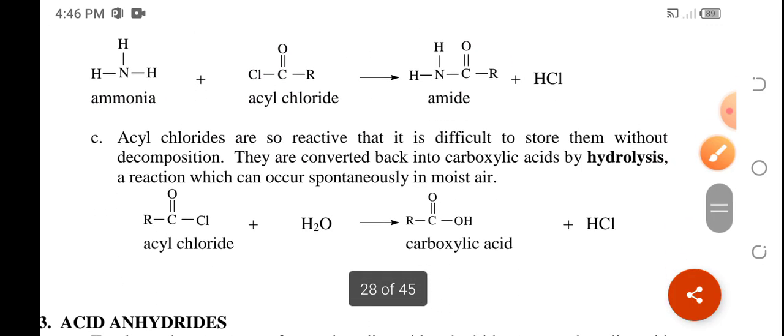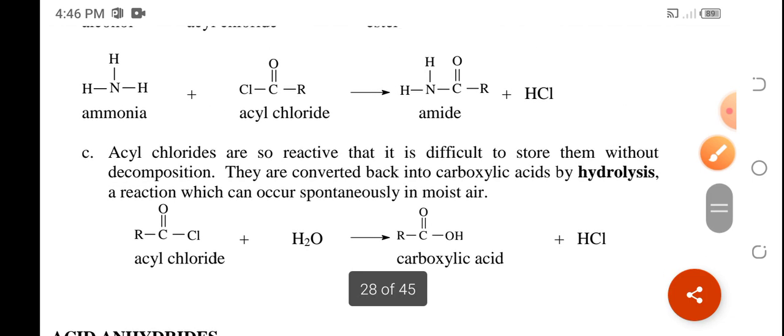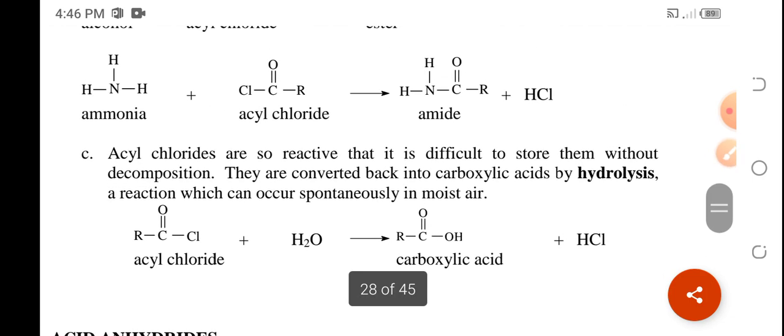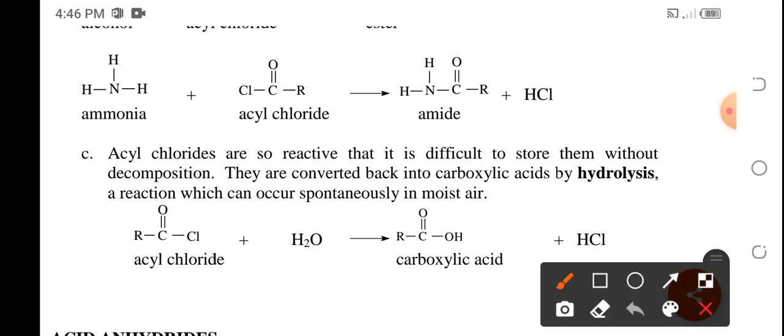Acyl chlorides are also so reactive that it is difficult to store them without decomposition. They are hard to store because they spontaneously react with moist air. So acyl chloride reacts with water from the air, water being HOH.